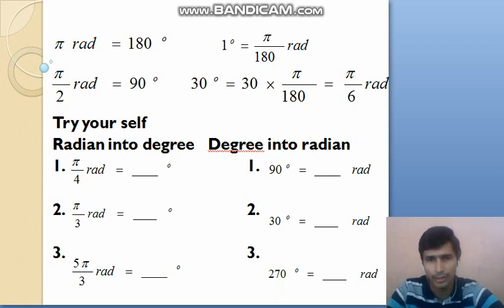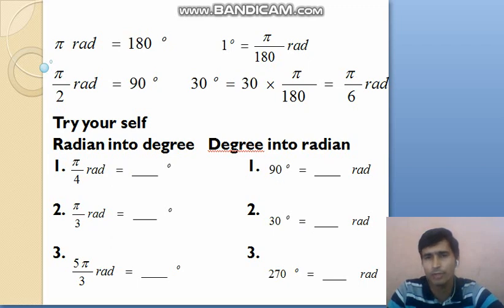Pi by 4 radian is equal to 180 by 4, which is equal to 45 degree, right? So from that we can also convert a degree into radian. 1 degree is equal to pi by 180 radian.